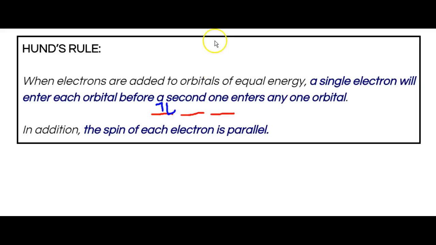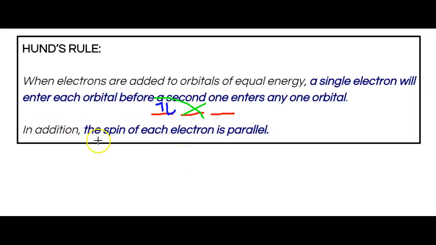This would be incorrect, so I don't want to do that. Alternatively, I would have 1 in this first orbital and the second one here. I would fill each of these 3 orbitals, the px, the py, the pz, before I would start to double up in any single orbital.